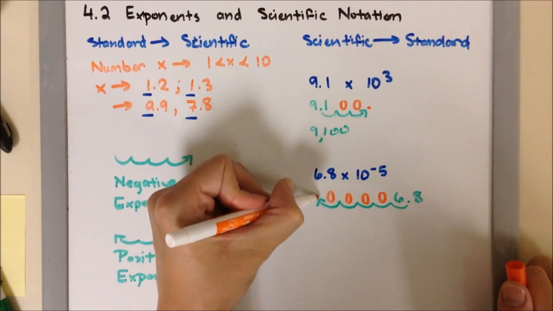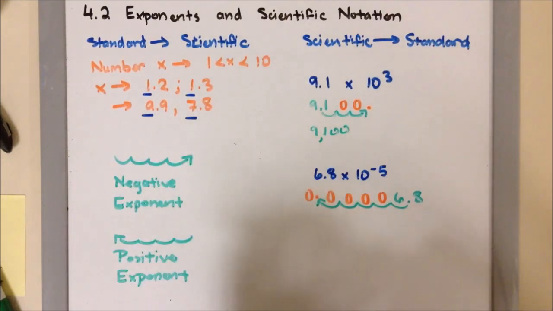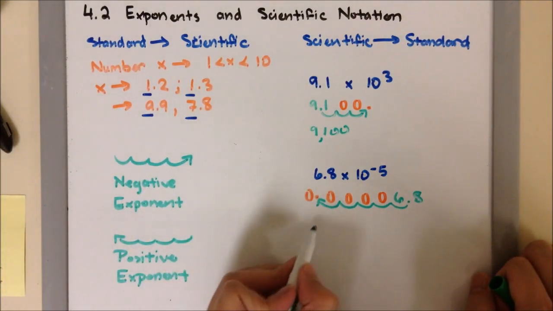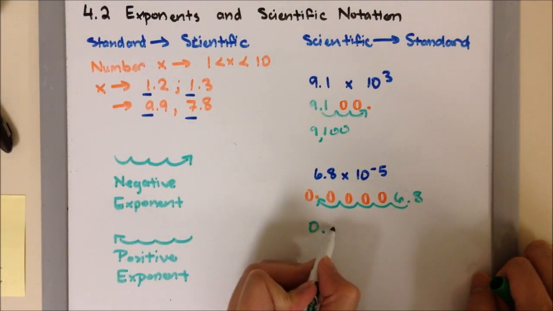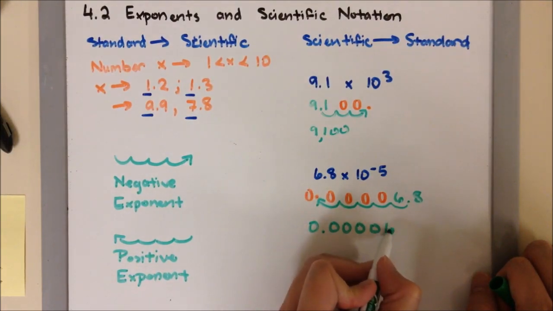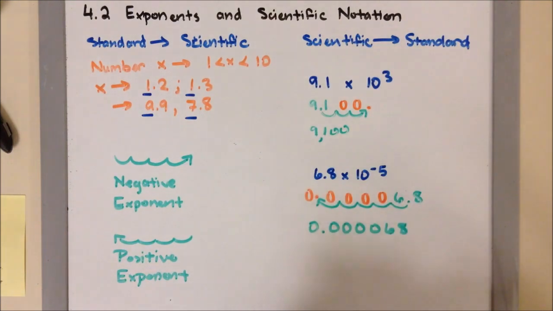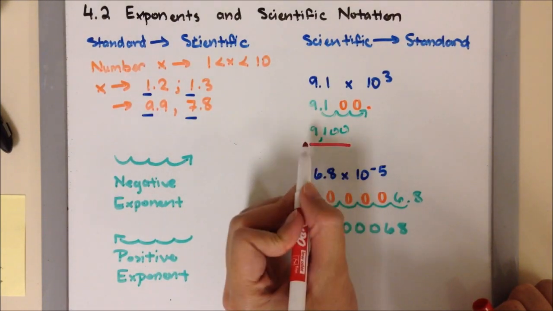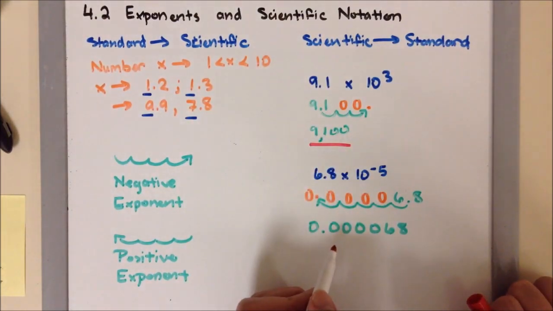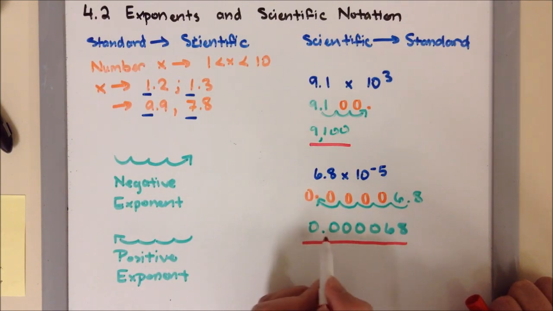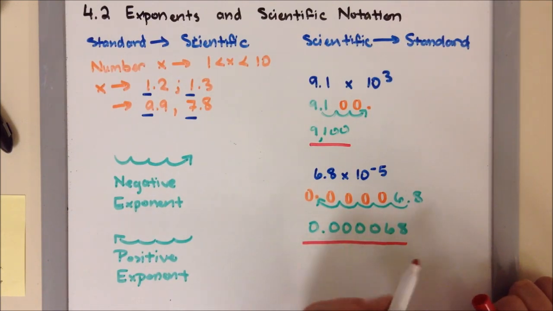Put a decimal at my arrow, and then one more 0. So that is going to be 0.0000068. That's my standard number. So 9,100 is my answer for that example. And then on the last example, my standard would be 0.000068.